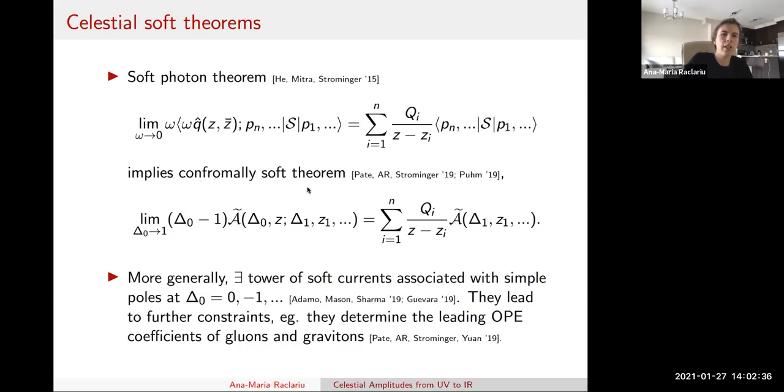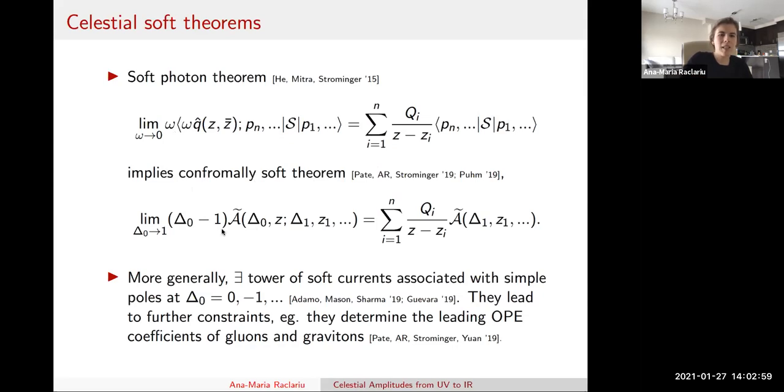So a priori, it's not completely obvious that celestial amplitudes would also obey a soft theorem, because remember, from the momentum space point of view, a soft theorem involves taking the limit as the energy of one of the external photons or gravitons or gluons, or whatever, goes to zero.